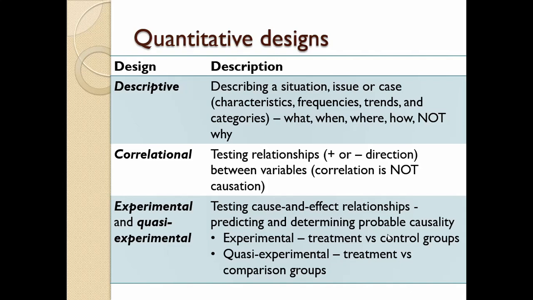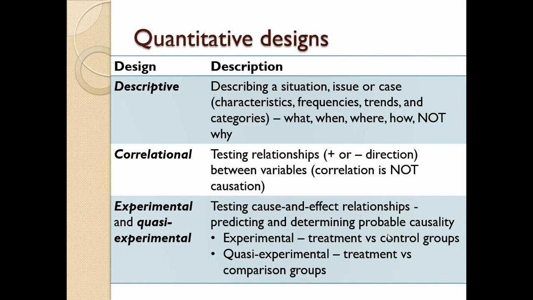Under experiment, we use both treatment and control groups, which means that in pure experiments, we control other factors so that we can attribute the findings or the causality to specific variables.